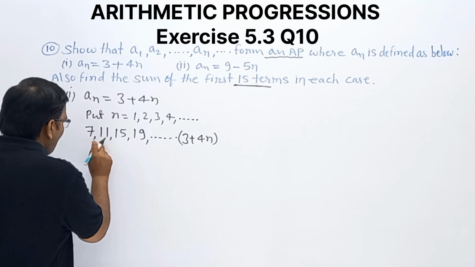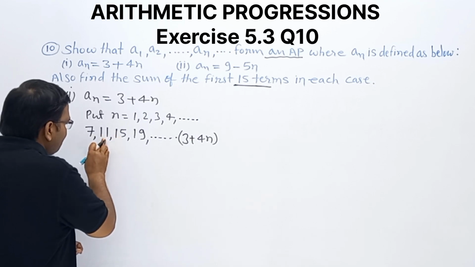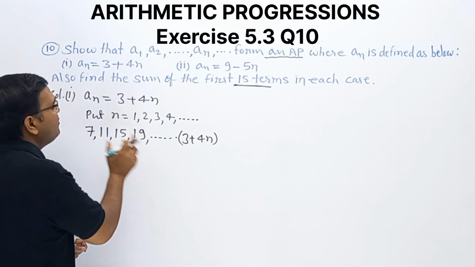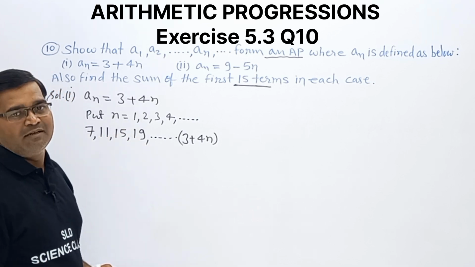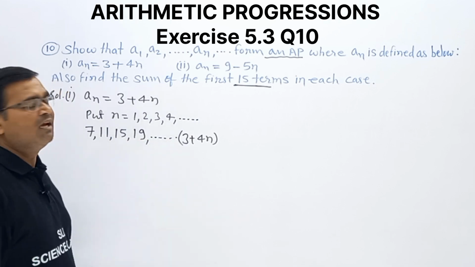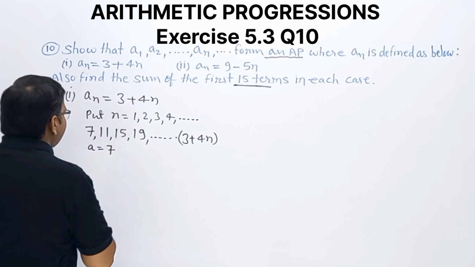Once we observe the second term minus the first term, the third term minus the second term, and the fourth term minus the third term, we are getting the same number, the same common difference. So we can say it is an AP, and its first term is 7.